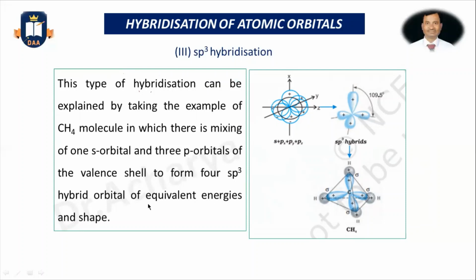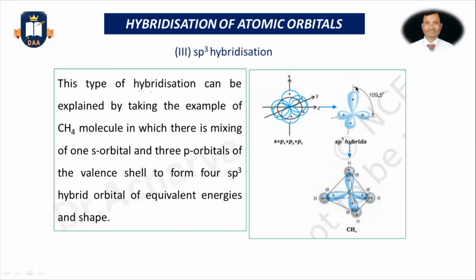But remember, you always have to mention equivalent energy and shape when we talk about hybrid orbitals. And on the right side you see one s orbital and three p orbitals px, py and pz. This is sp3 hybridized to form hybrid orbitals of equivalent energies and shape.